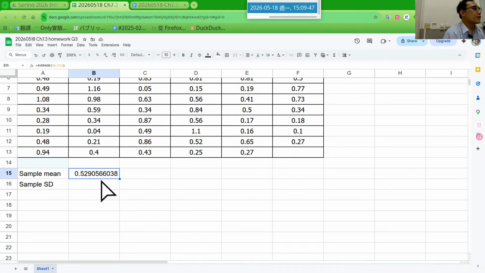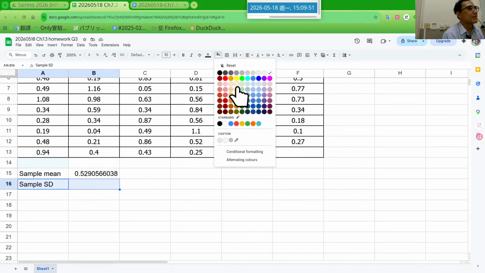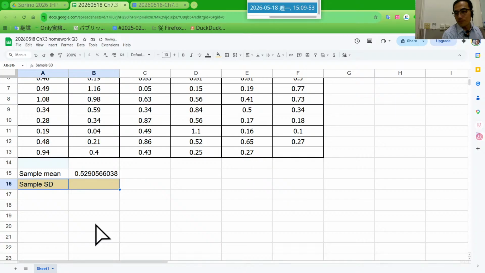And next question, how to get the sample standard deviation?